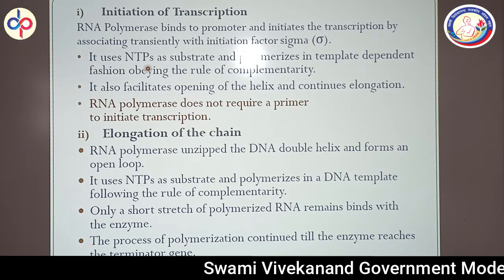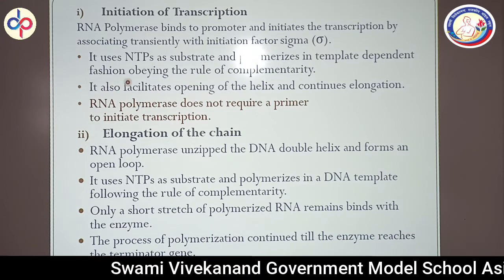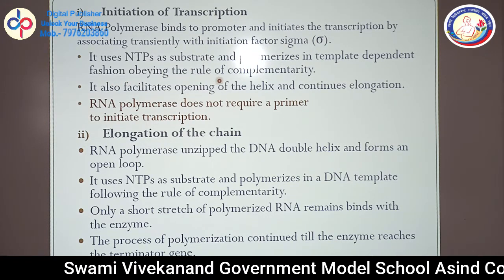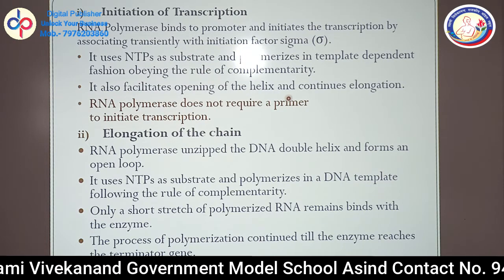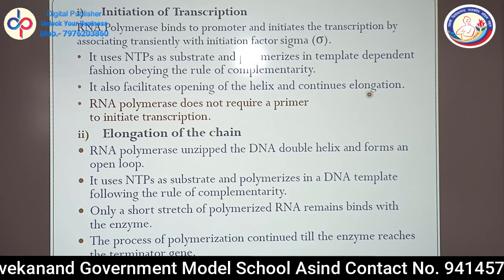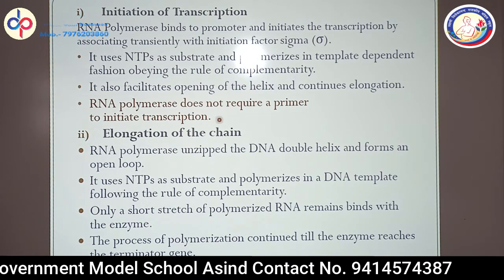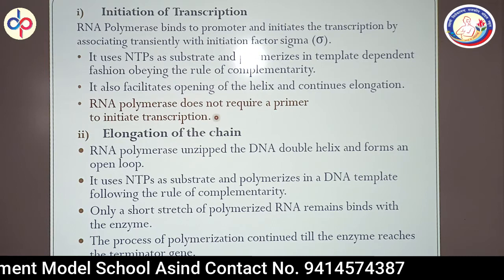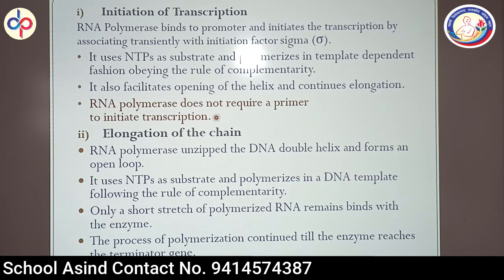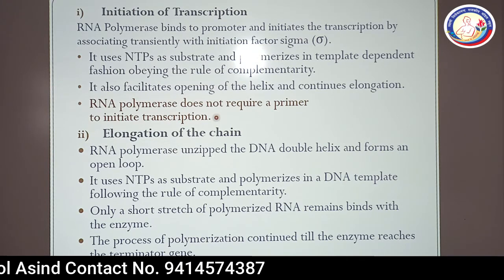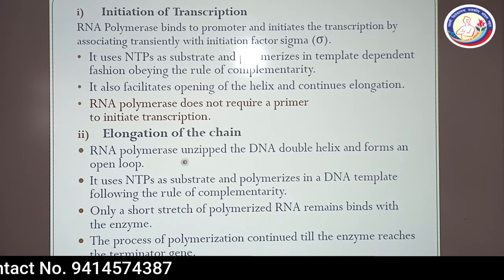It uses NTPs as substrate and polymerizes in a template dependent fashion, obeying the rule of complementarity. It also facilitates opening of the helix and continuous elongation. RNA polymerase does not require a primer to initiate transcription. As we have already seen, replication requires an RNA primer, but here the primer is absent.